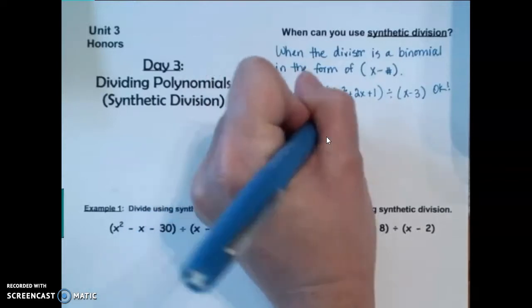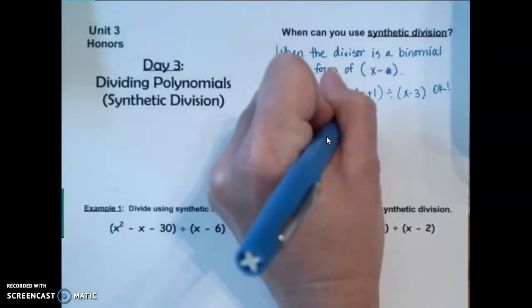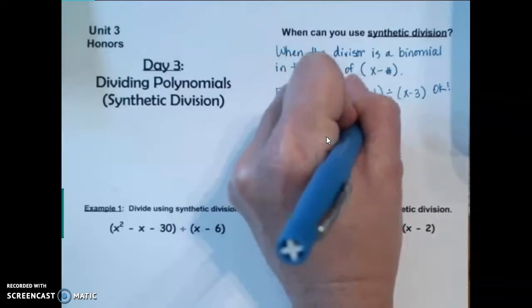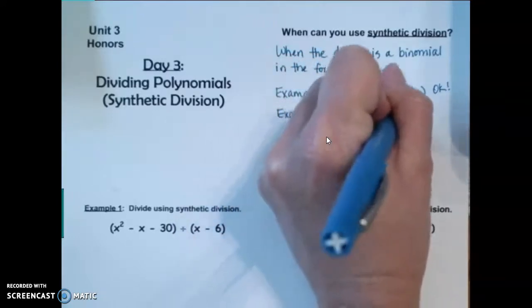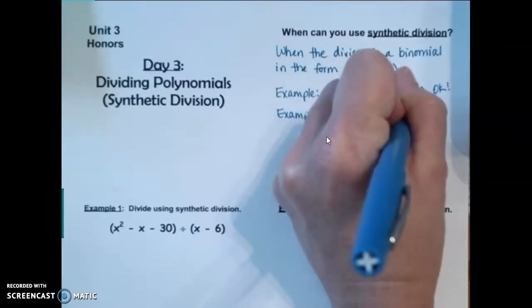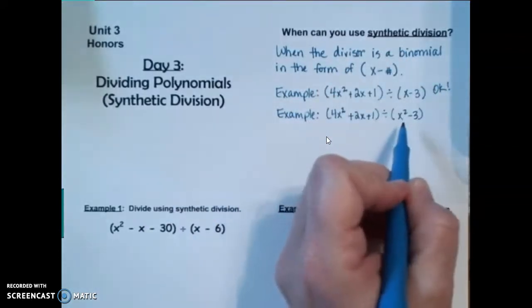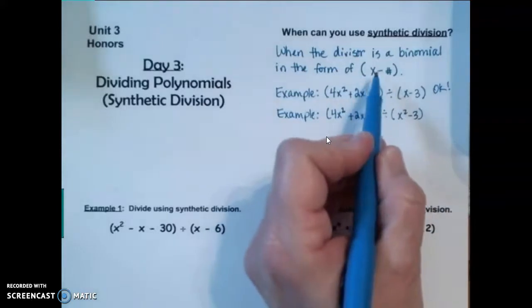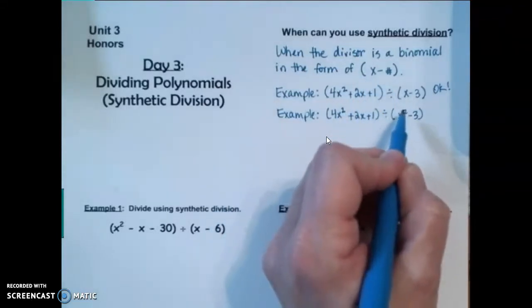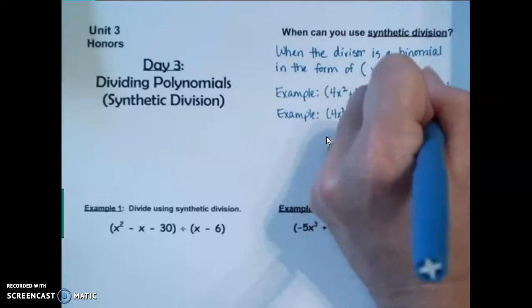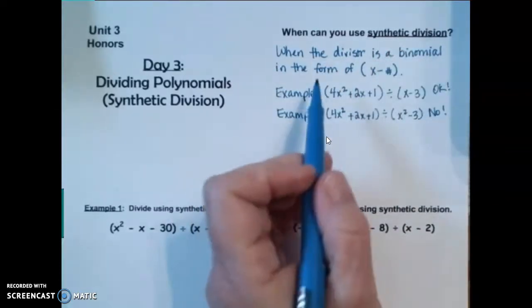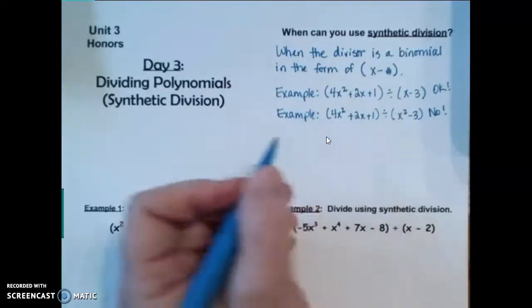In this example, if I had 4x squared plus 2x plus 1, and I wanted to divide that by x squared minus 3, this is a binomial, but it's not in the form x minus a number. Because of this x squared, no, we would not use synthetic division for this.